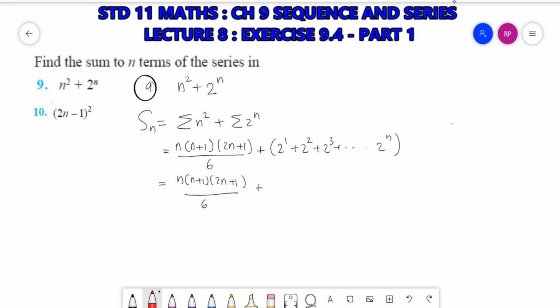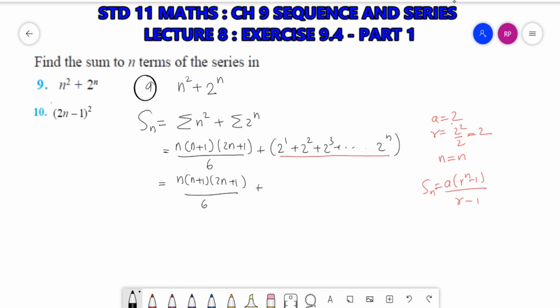Now see here, this is a geometric progression, where the first term a is 2, the ratio is 2 square by 2, equal to 2, and the last term is n. We'll use the formula a times r raised to n minus 1 upon r minus 1.